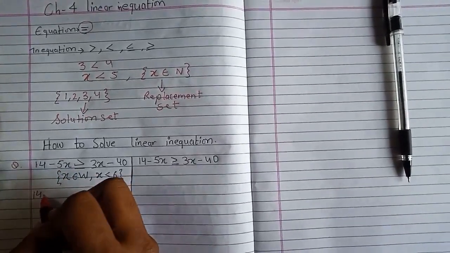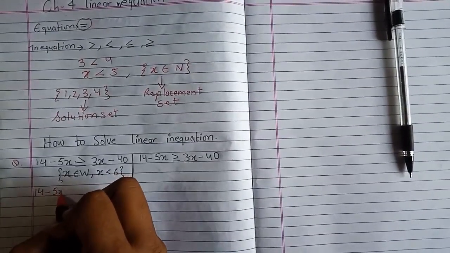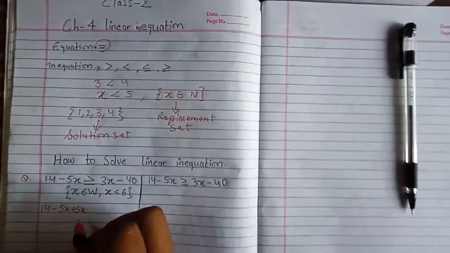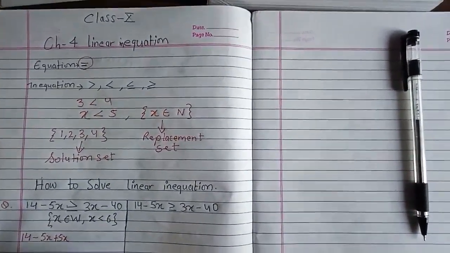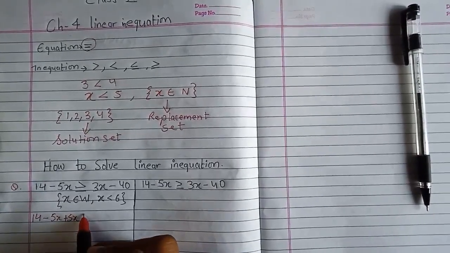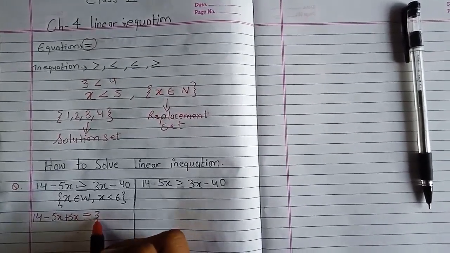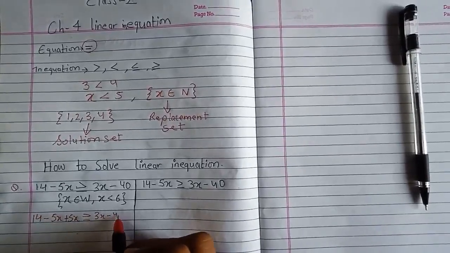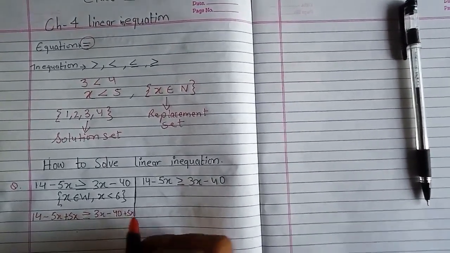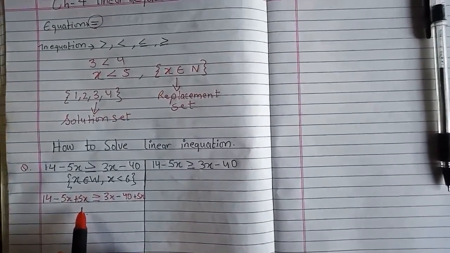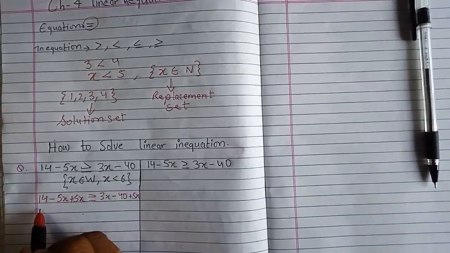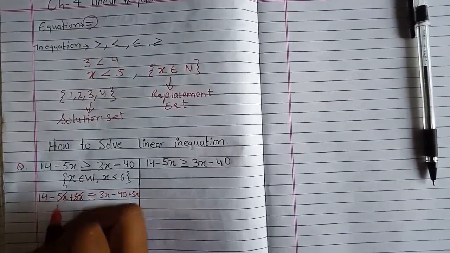The only way of removing minus 5x is adding 5x over here. But if I add 5x here, I'll have to add 5x on the other side as well. So it's going to be the same sign, 3x minus 40 plus 5x. This and this get cancelled out.